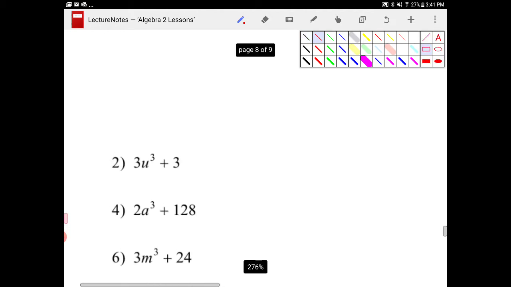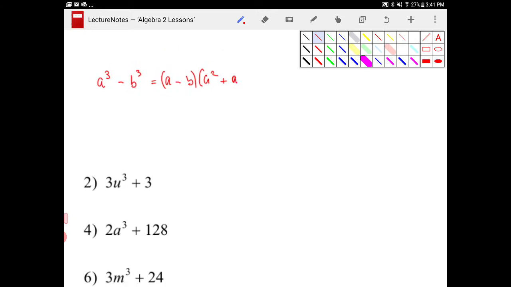So I want to write it over here. The difference of cubes takes on the form of a minus b times a squared plus ab plus b squared.